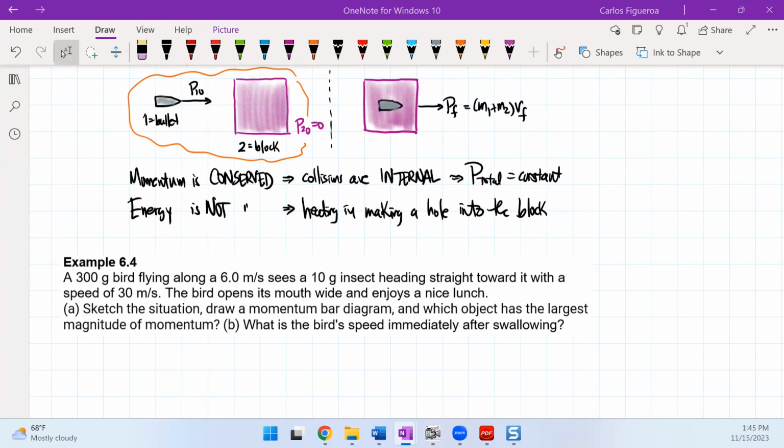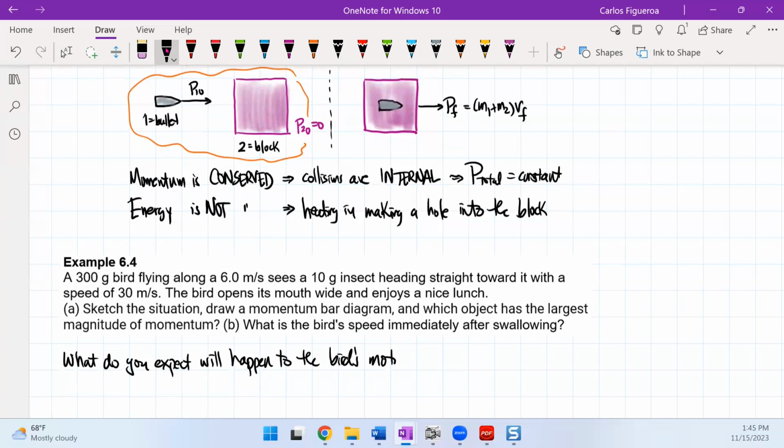What can you physically tell me about that? What do you expect will happen to the bird's motion after the collision?